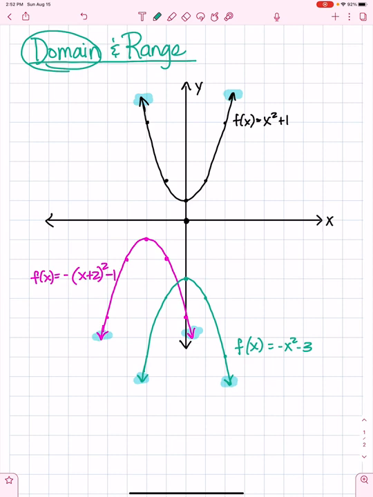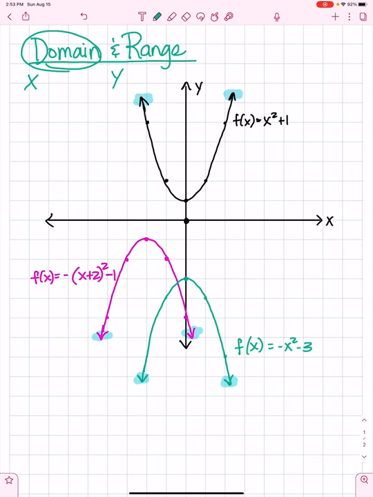So the first thing I want to do is remind you that when I'm talking about the domain, I'm talking about all of the x values that are included in a particular graph. When I talk about the range, I am talking about all of the values of y that are included in the graph. And as you can see in our parabola, we don't necessarily include all of the values.